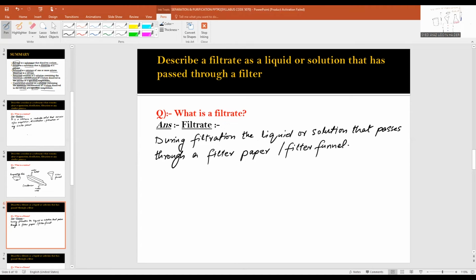It would be more appropriate if you say solution rather than saying liquid. It's not liquid, it's a solution. So we have a filter funnel, and just here we are having filtrate.